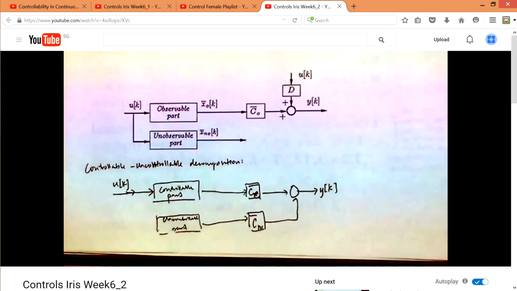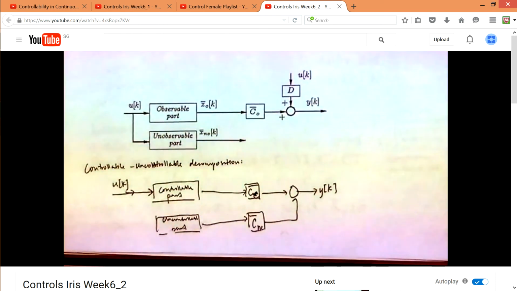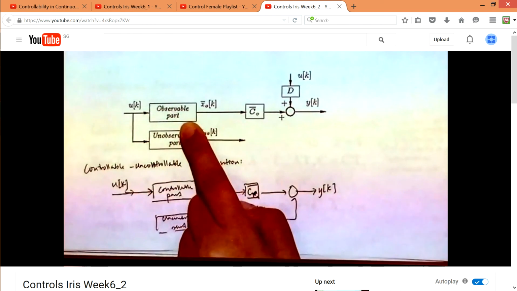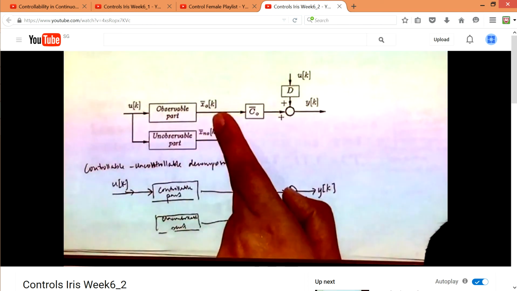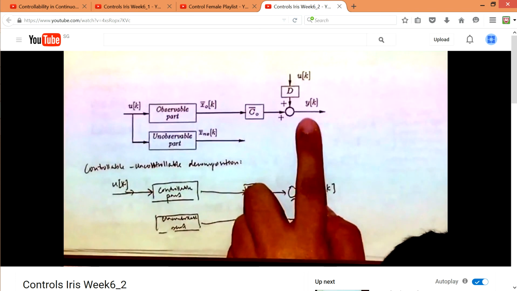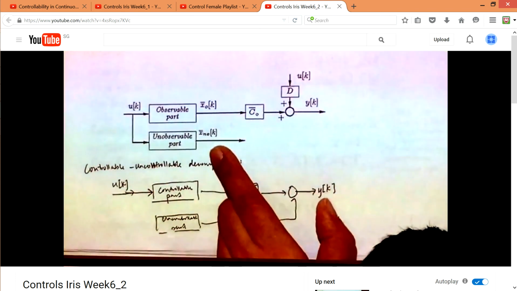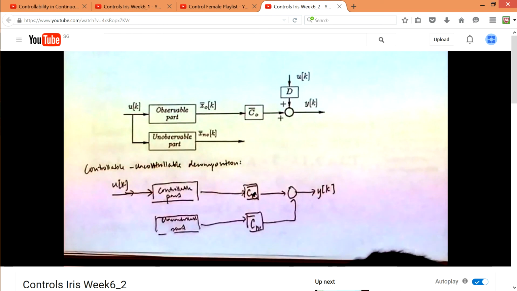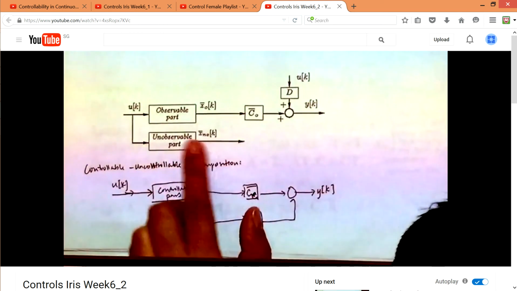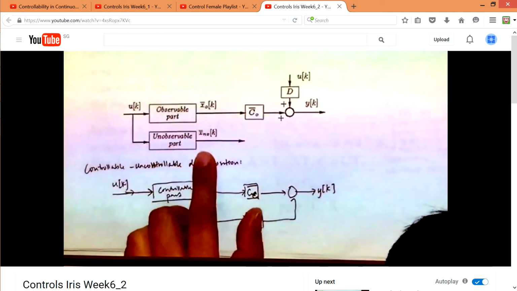So, as another definition of detectability, we can actually detect states. For the observable part, you can detect because it goes to output. So you can detect your X_O, the observable states, from the output, but you cannot detect your X_NO from the output. I would say that it's fine if this unobservable part is stable.